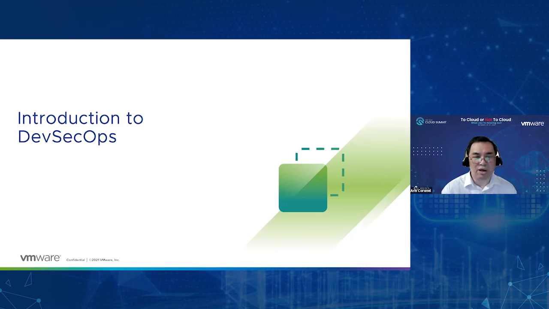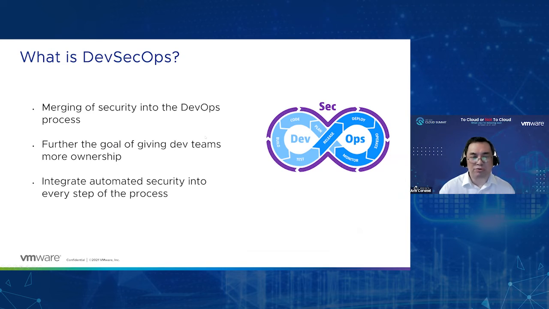So with that, let's talk now a little about DevSecOps per se, and how to integrate security into the DevOps world. Now, if you look at the definition of DevSecOps, really it is how you take security and put it into the DevOps process. How do you merge the two together and still make sure that from a security perspective, you have all the checkpoints that you need implemented.